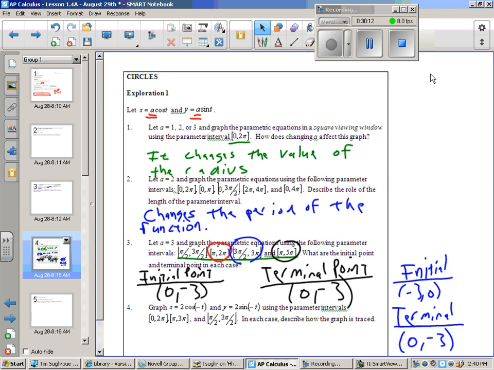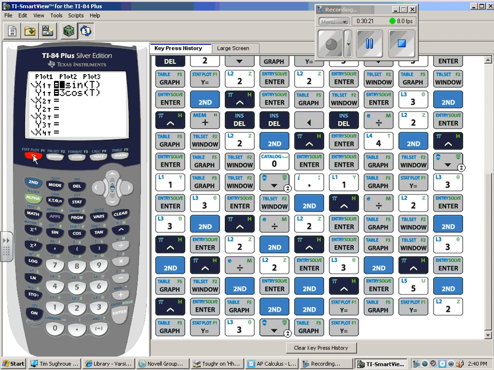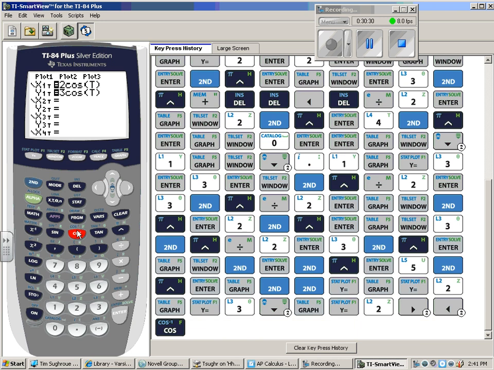Coming back to our calculator here. So again, y this time is going to equal 2 sine of, or it's actually cosine now. They change it around here, which is fine. This is cosine of negative t. Don't forget to use this negative sign right there.